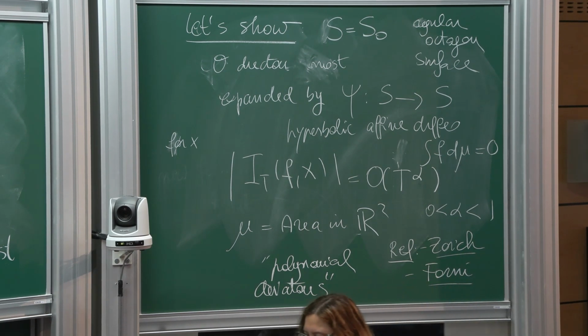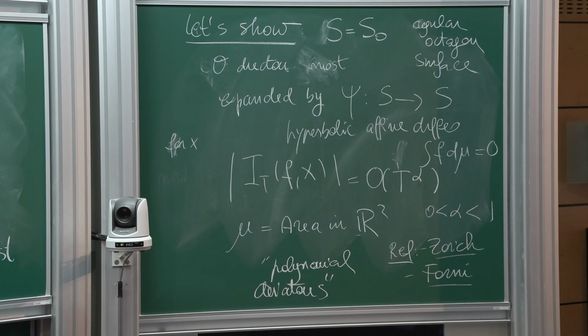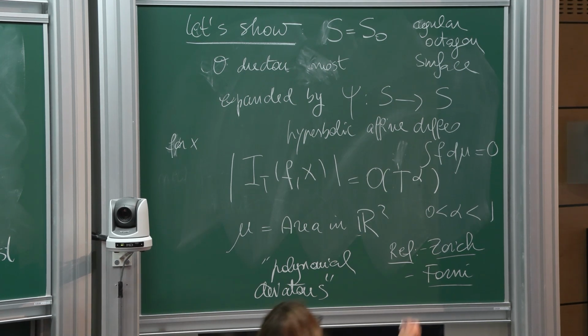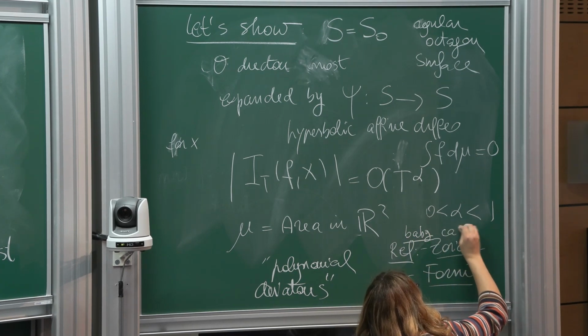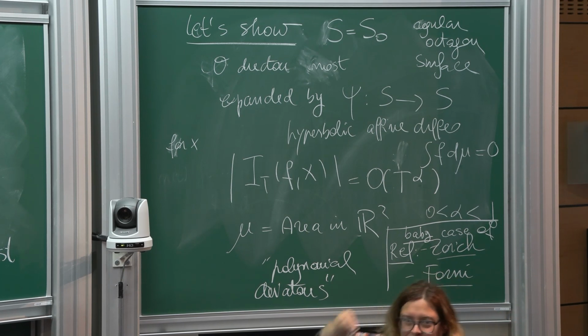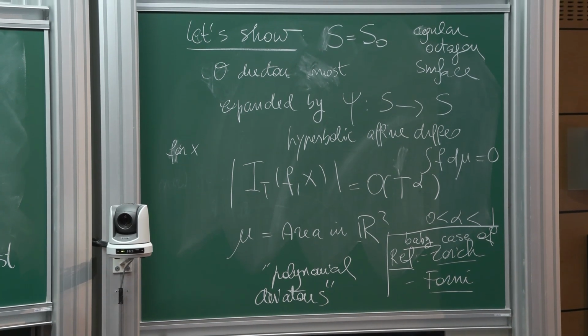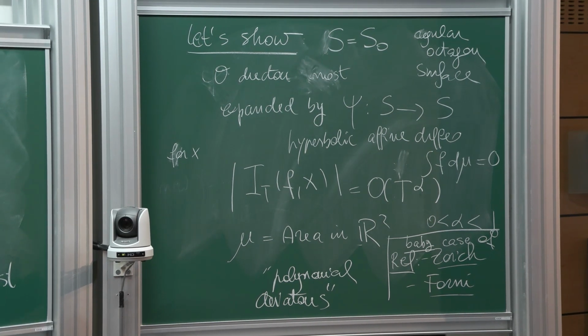And Forni proved, I'll tell you later or tomorrow what they really proved. But it's a baby case, let me stress, of what Zorich discovered and what Forni proved as the Kontsevich-Zorich conjecture in 2002.